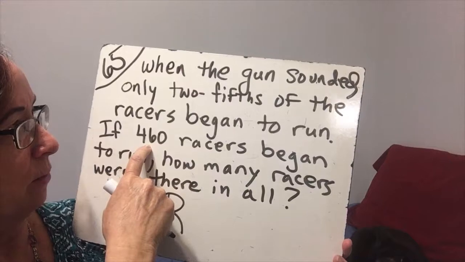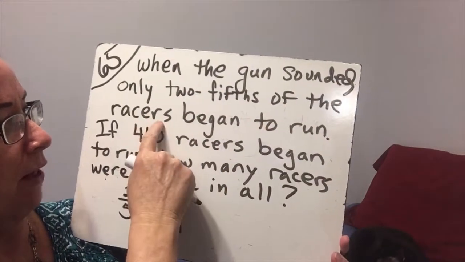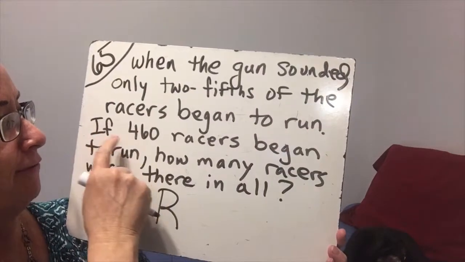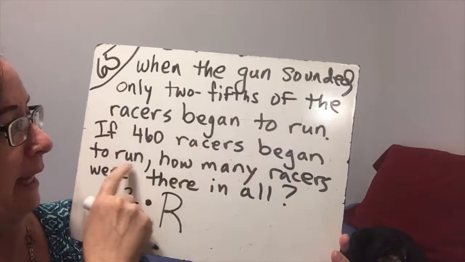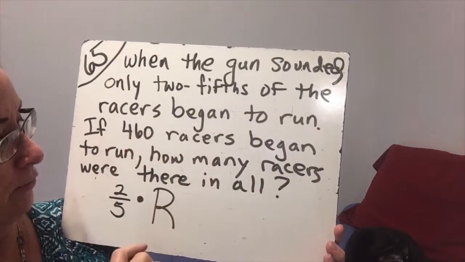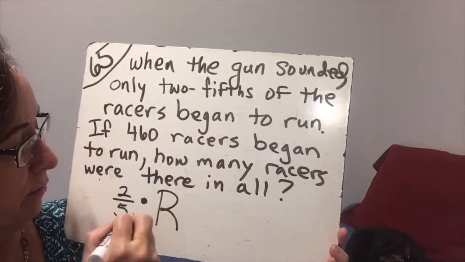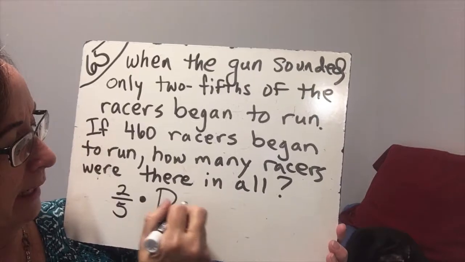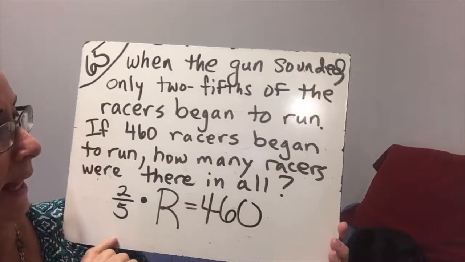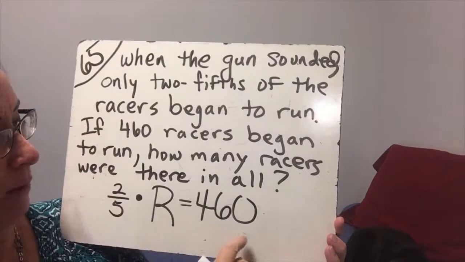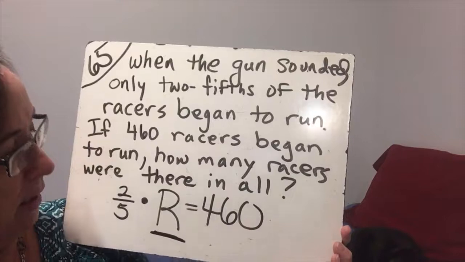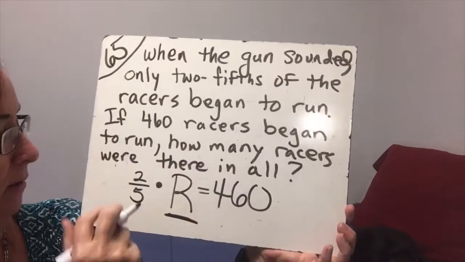So 2/5 of R equals 460. Okay, and how many racers are there in all? So we're looking for the R, which is how many racers there are in all.